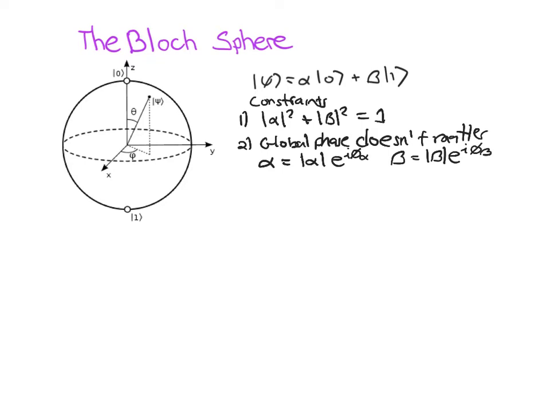And so we can always choose to write our state psi in the following form. I'm going to factor out this e to the i phi sub alpha like that, and I can write my qubit in the following way.